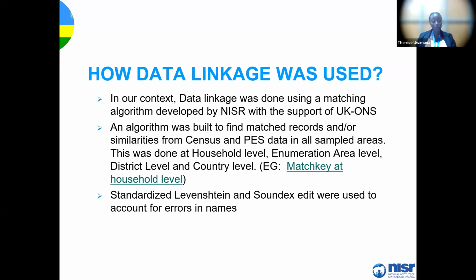And then the linkage, we wanted to assess whether information on the same household is similar both in census and post-enumeration survey. So we developed match keys at different levels, and then we use different methodologies to make sure that we are confident enough that these data sets, or just information of each household, are actually similar from census and post-enumeration survey.